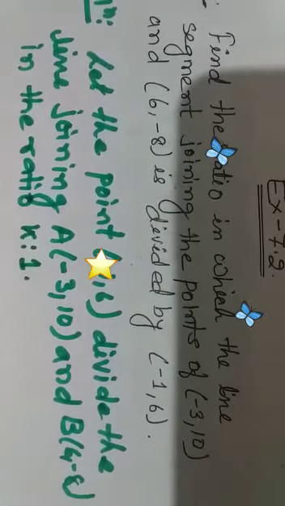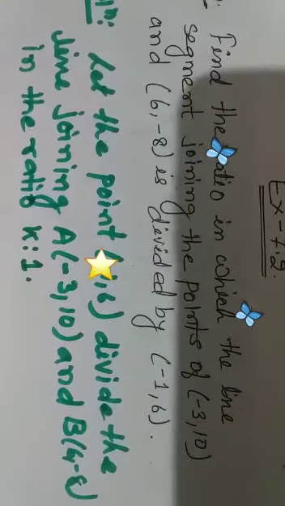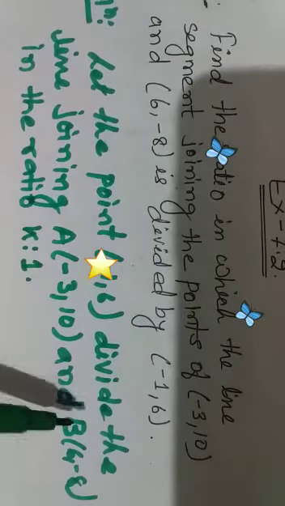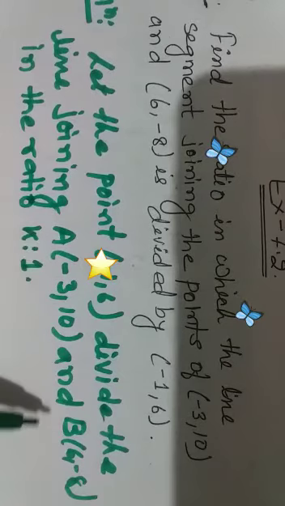Then the coordinates of P will be, if we have assumed the point (-1, 6) divides the line joining A (-3, 10) and B (6, -8) in the ratio k is to 1.